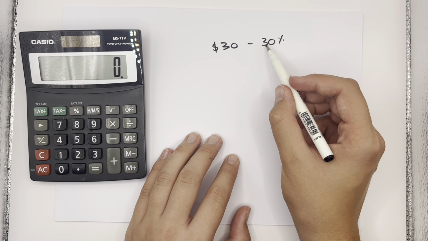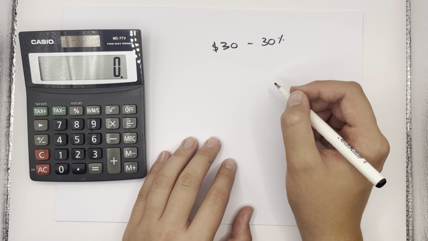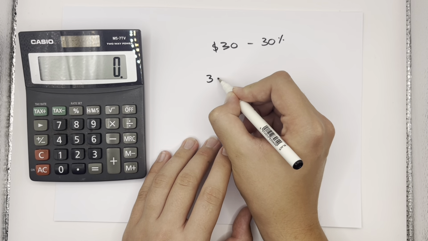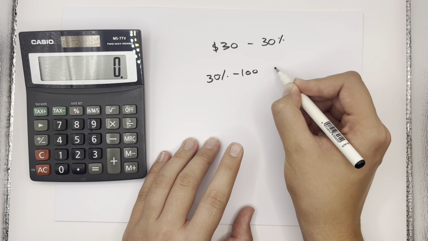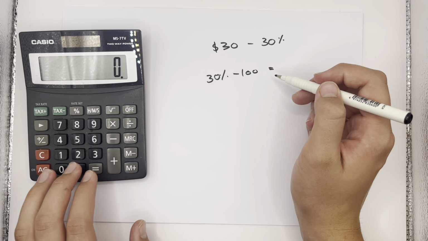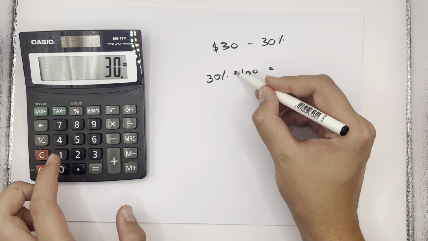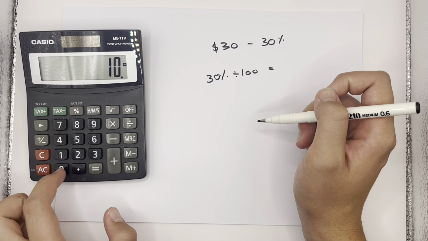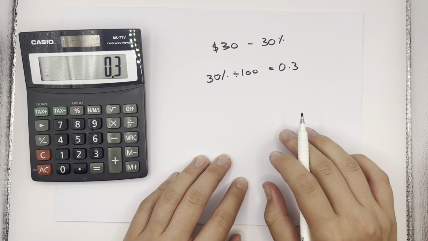Well, first we can turn this back into a decimal. So we divide it by 100. So we take 30% and we divide it by 100 to give us our decimal. So we can do 30 divided by 100 to give us 0.3.